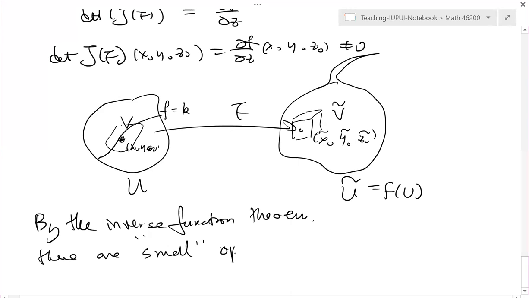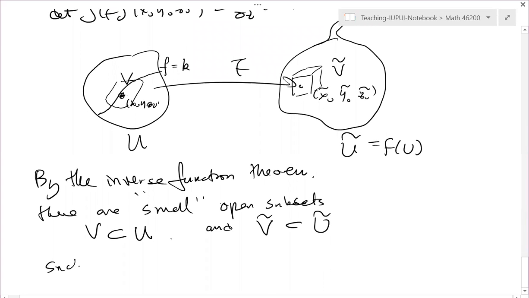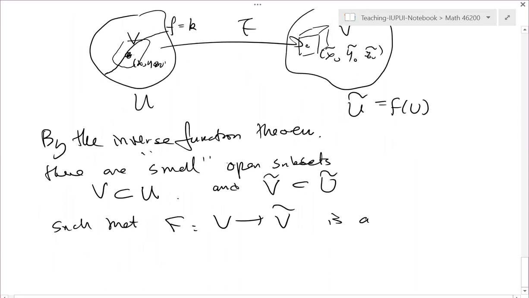Smaller open subsets V containing u, and v tilde containing u tilde, so that the map f from u to v tilde is a diffeomorphism.